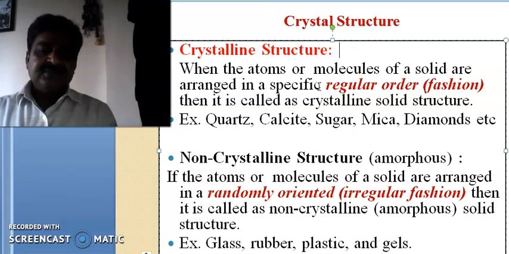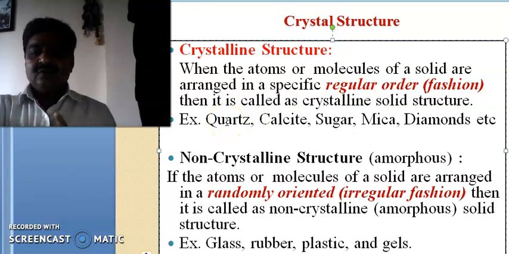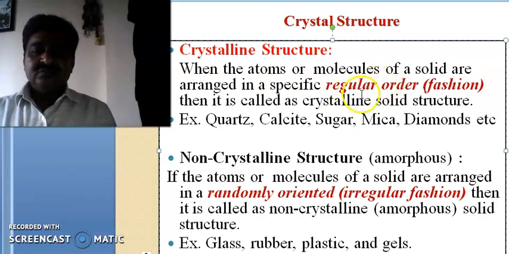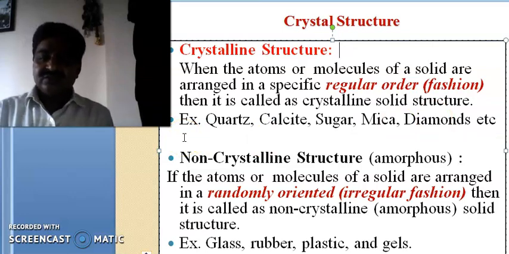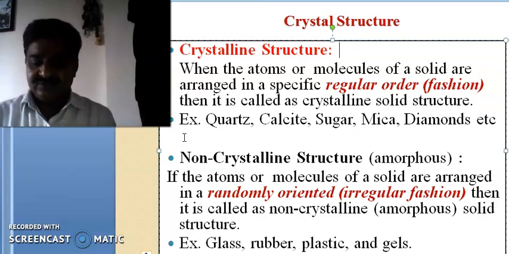Various examples are available: quartz, generally used in watches, calcite, sugar crystals, mica, diamonds, etc. Their atoms or molecules are arranged in a regular fashion, so their structure is crystalline.